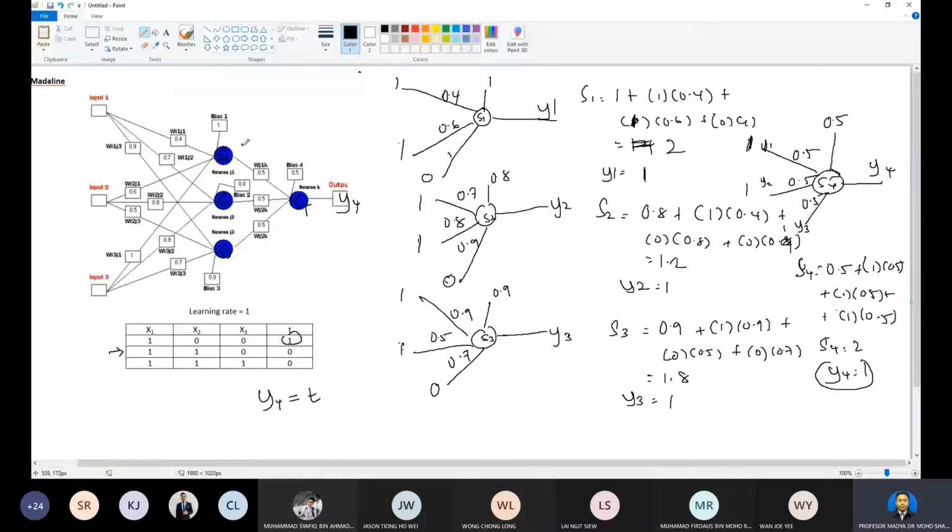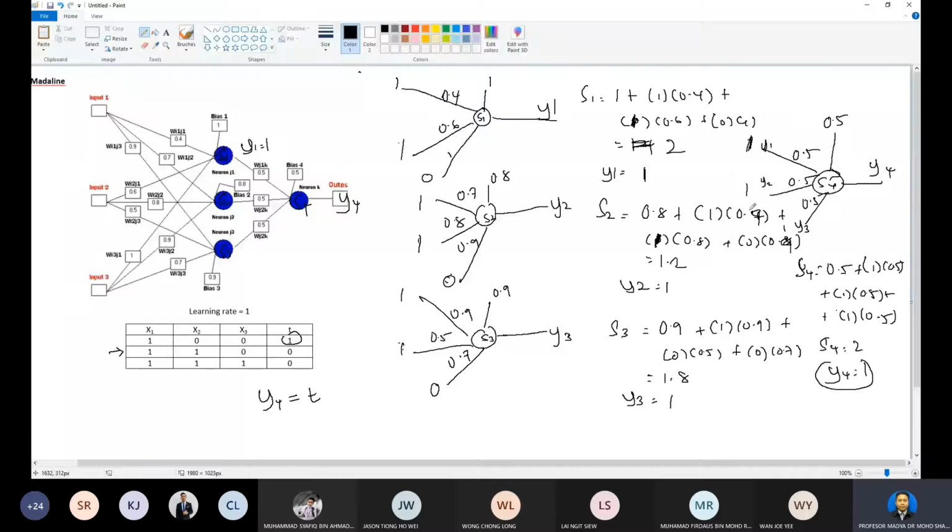And then for the next S2, this is 0.8, 1 multiplied by this one. Suppose 0.7, but it's okay. I put 0.4, this one 0.7. This one 1 multiplied by 0.7, 1 multiplied by 0.8, and this one 0 multiplied by 0.9.